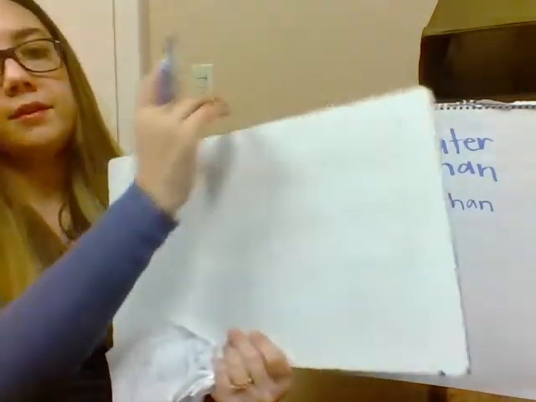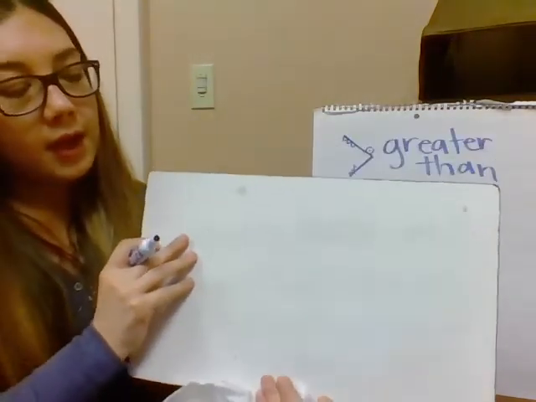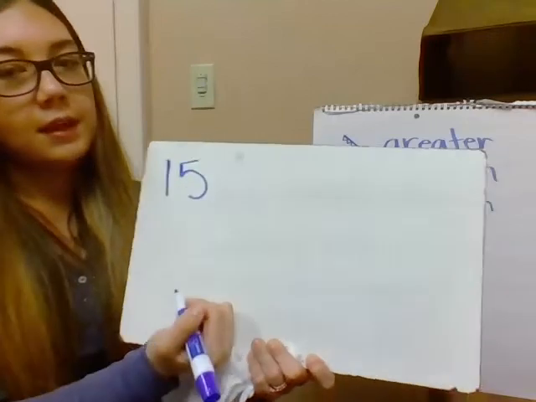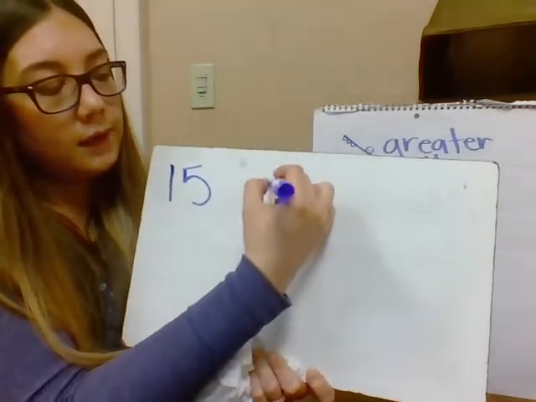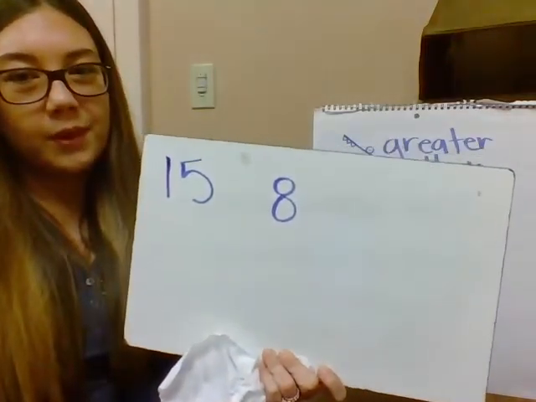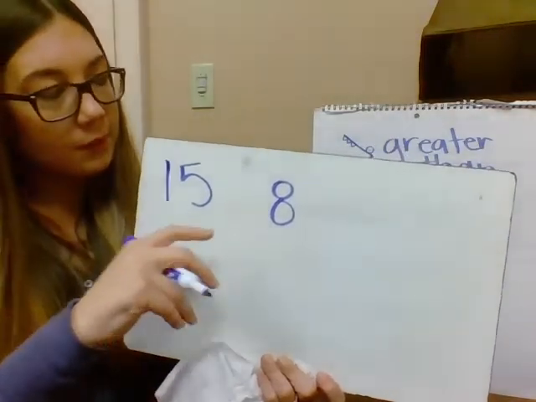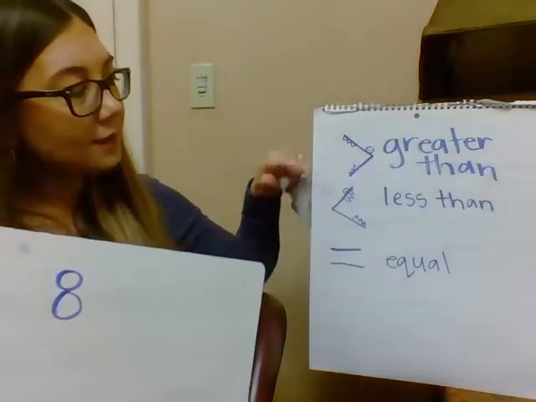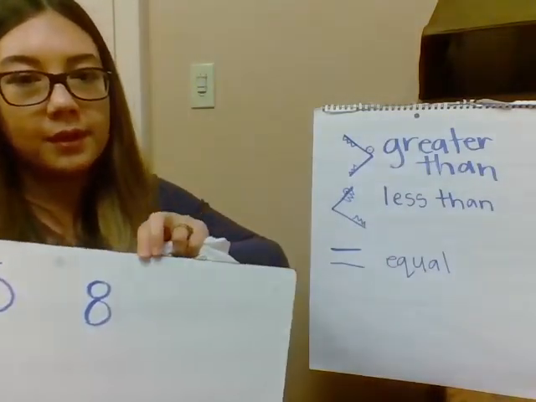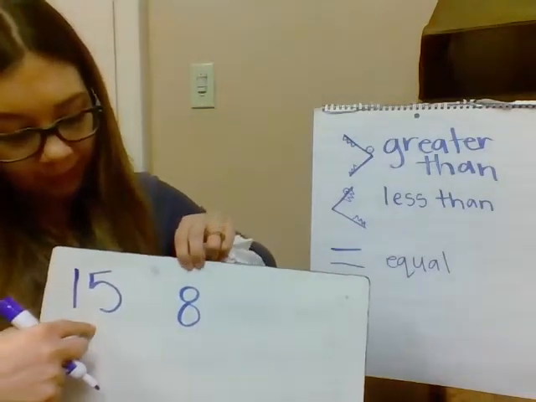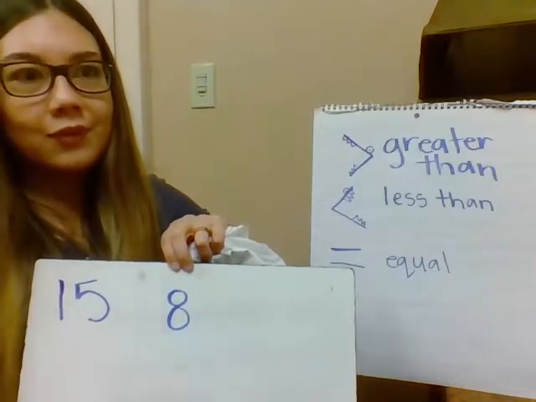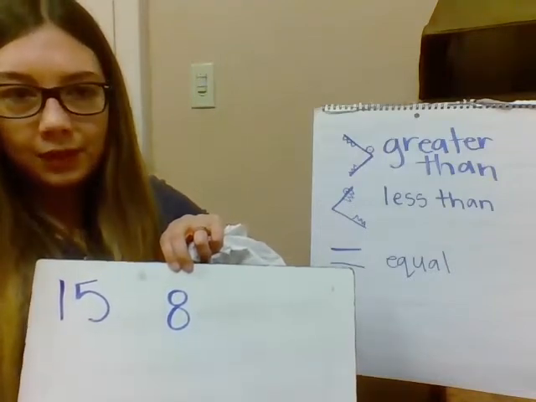So let's practice. If I had 15 and I had the number 8, I need to figure out what symbol I'm going to use. Which way is this alligator's mouth going to want to open? Which way is our symbol going to open? So if I've got 15 and I've got 8, what would you rather have? 15 presents or 8 presents?